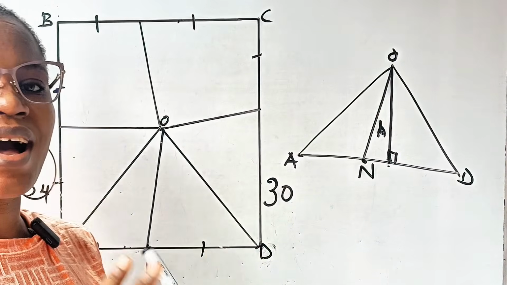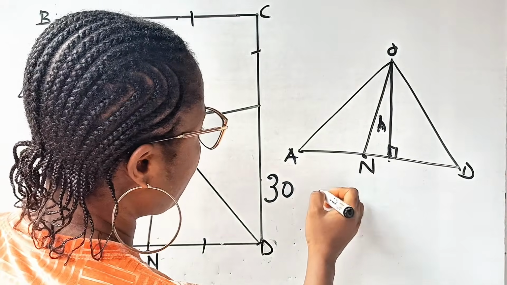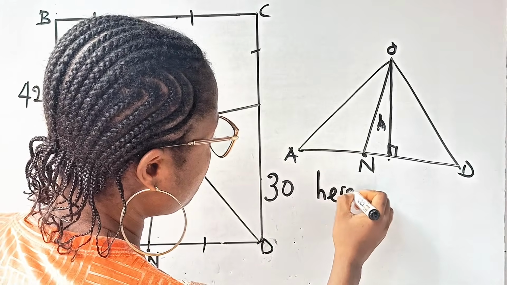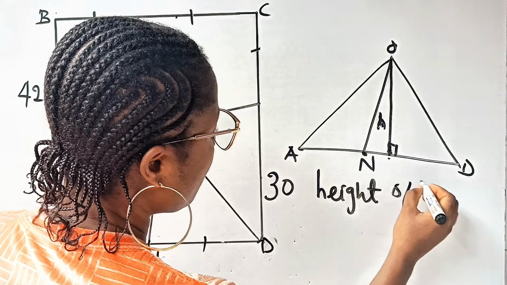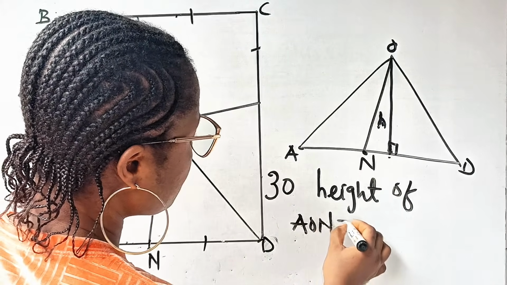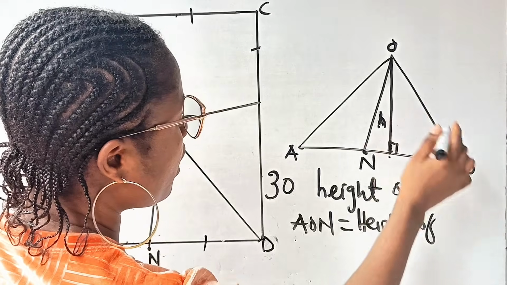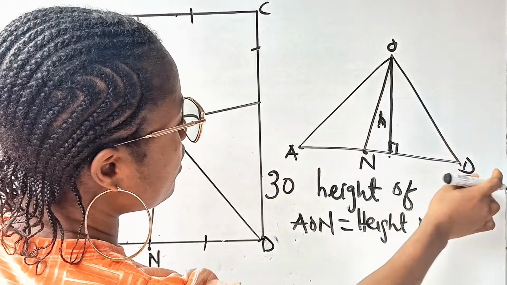So it means that the heights of these two triangles are equal. So the height of triangle AON is equal to the height of triangle OND.